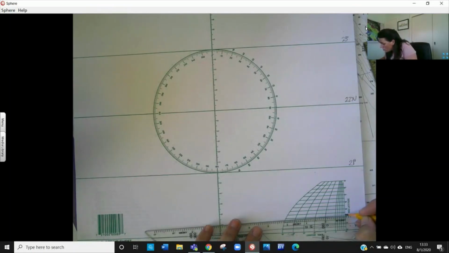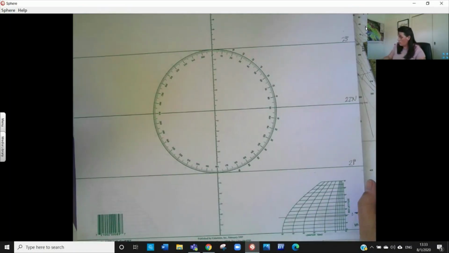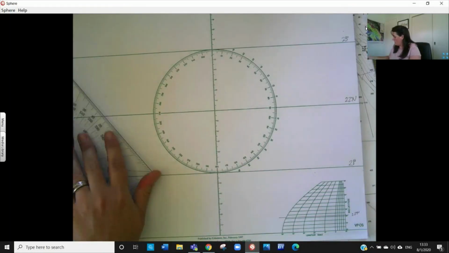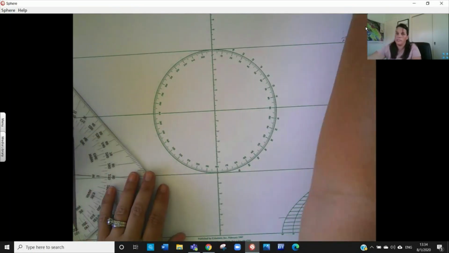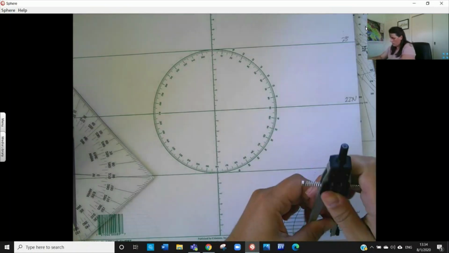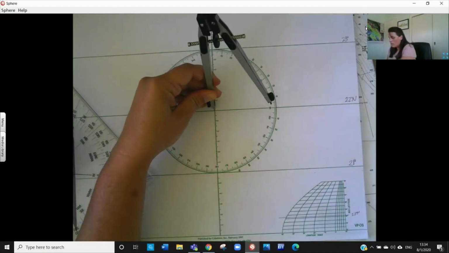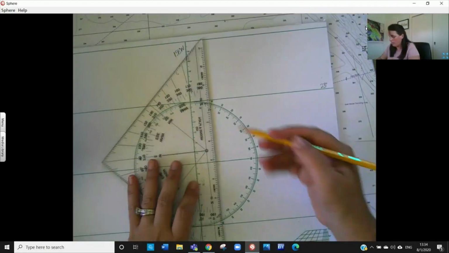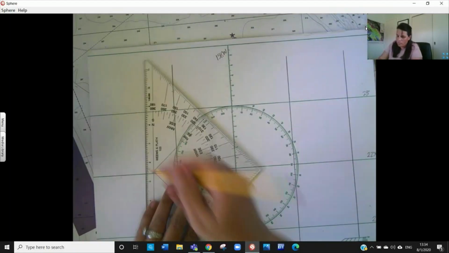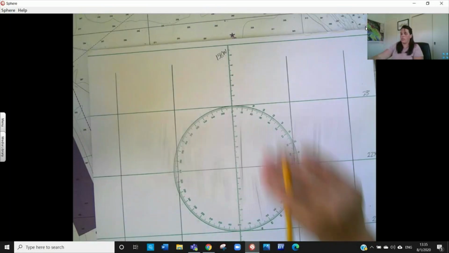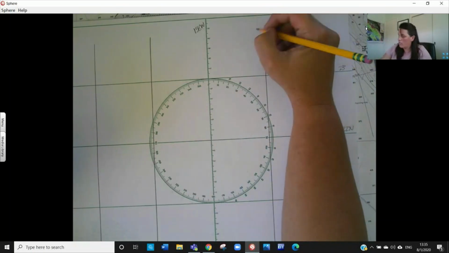Call this about 22. And now I can draw in my longitude lines, and I'll just fill them out. 157.